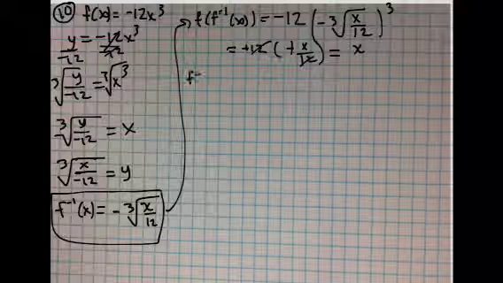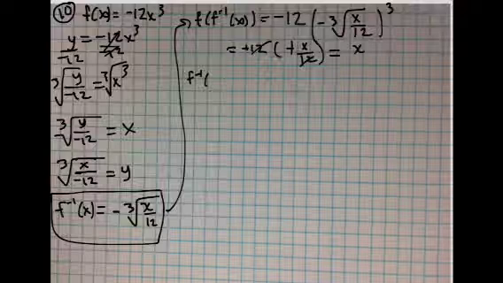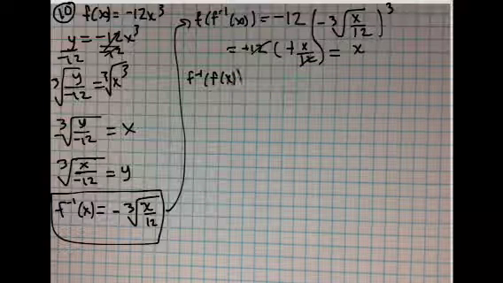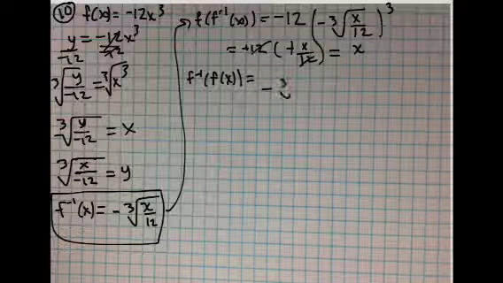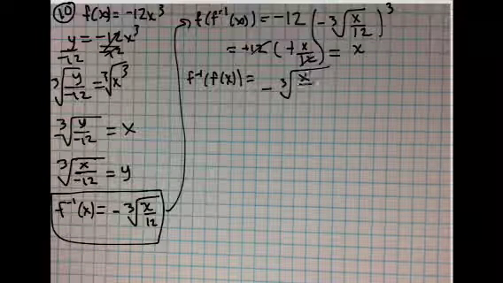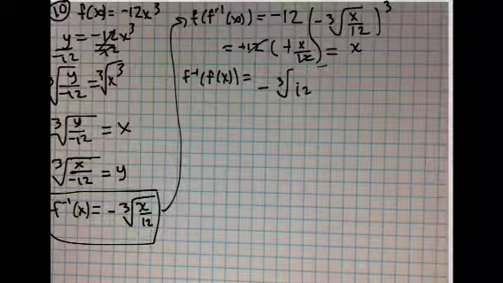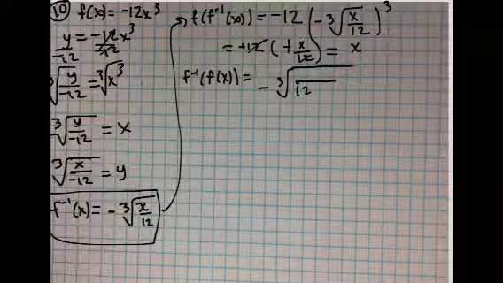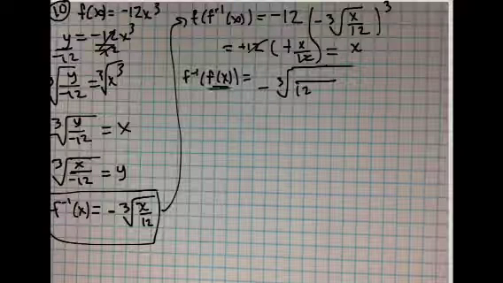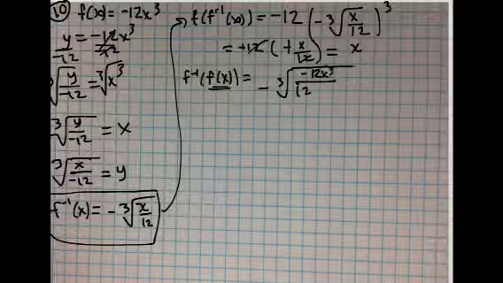So you're left with x. Doing the other direction, oops, I forgot the f. So f of x, we're going to put in negative cube root of x over 12. Whoops, sorry. Like that. And in place of the x, I'm going to fill it in with f of x, so this is going to be negative 12 x cubed up here.